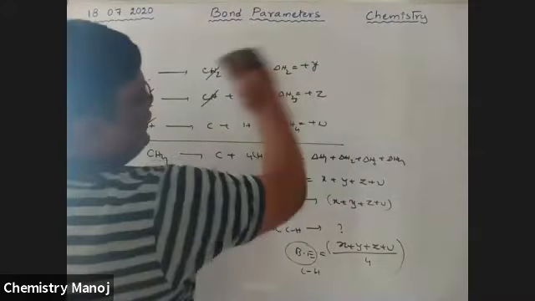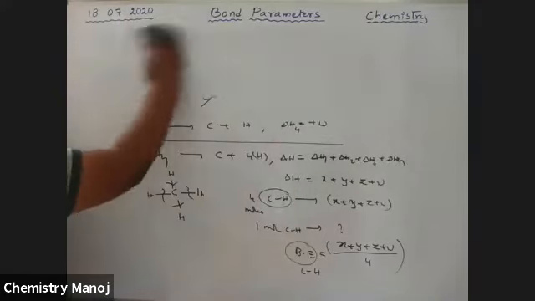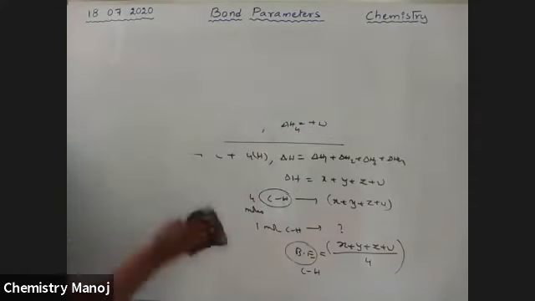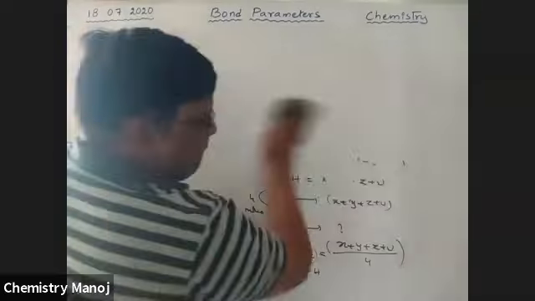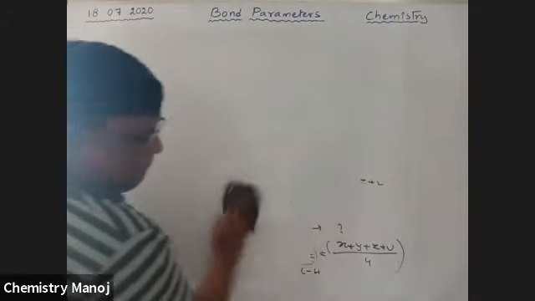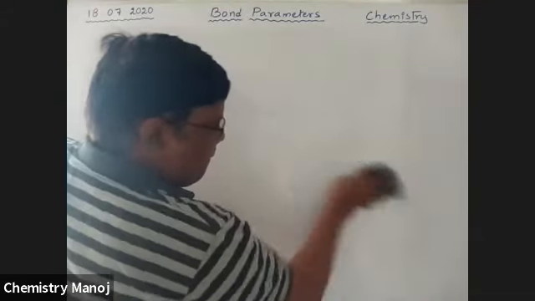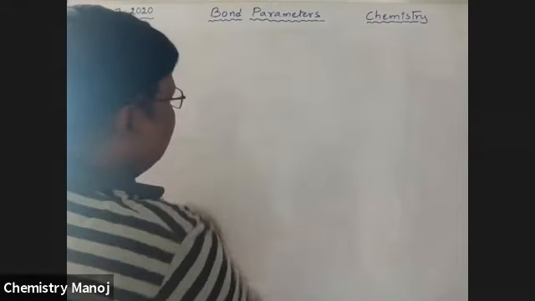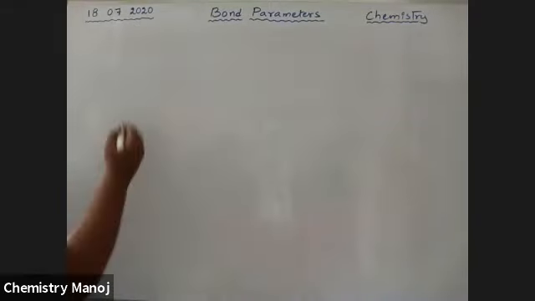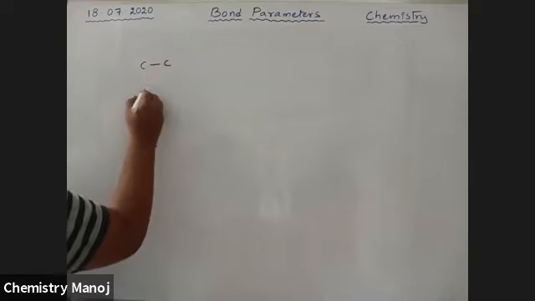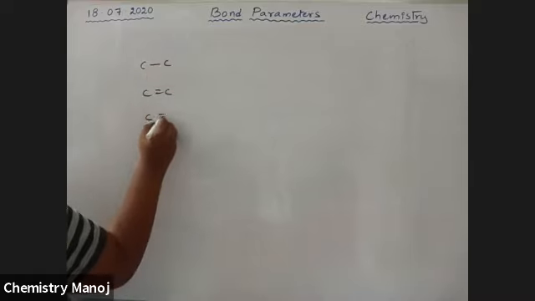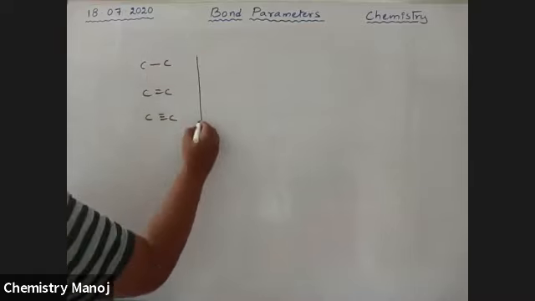Now, what are the factors influencing bond energy? For example, see here, there is a C single bond C, C double bond C, C triple bond C, top to bottom.